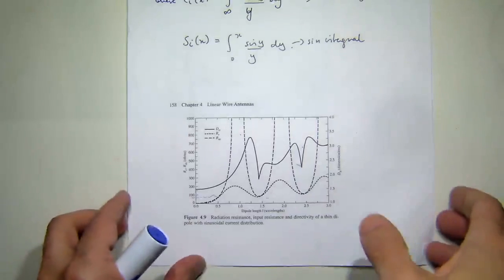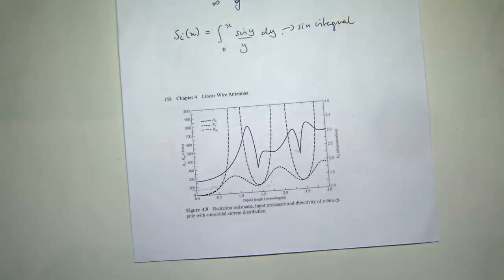Okay? So that just gives us a little bit of information on input impedance, radiation resistance, and directivity.